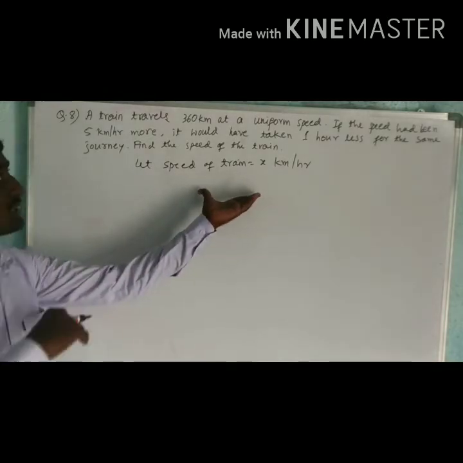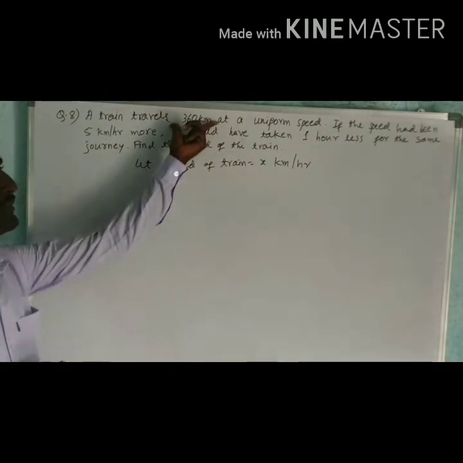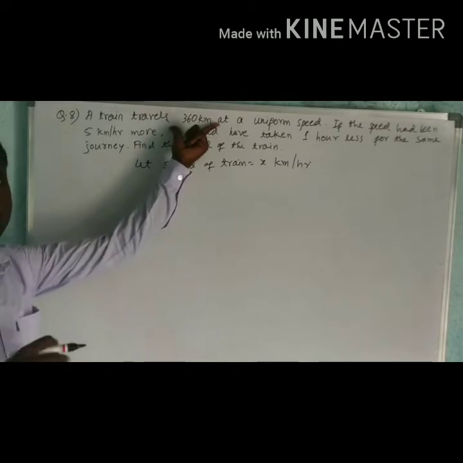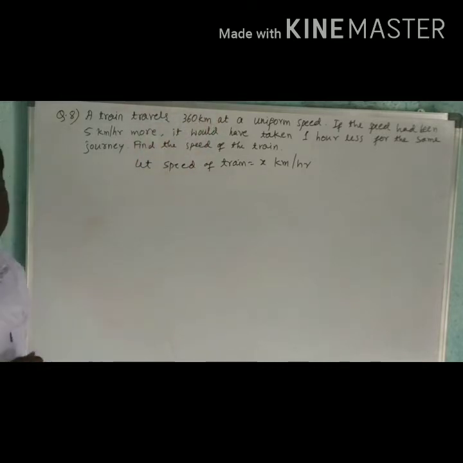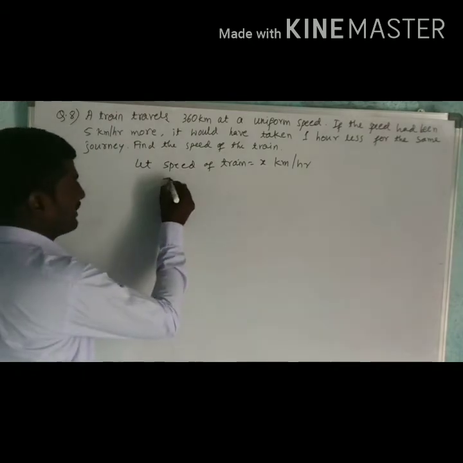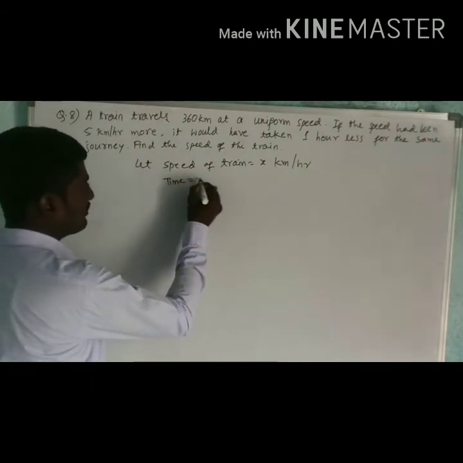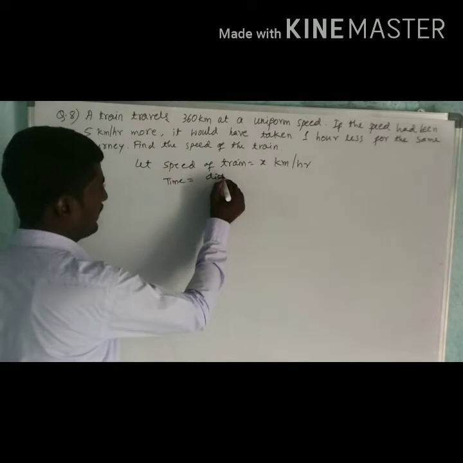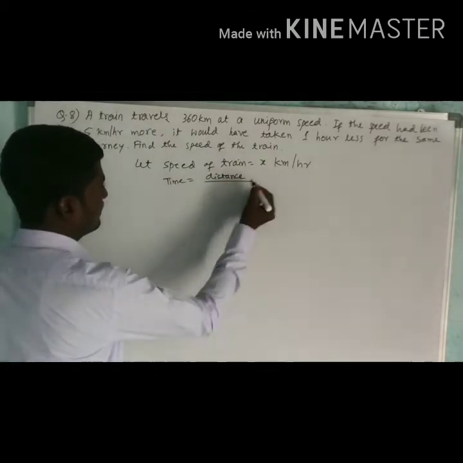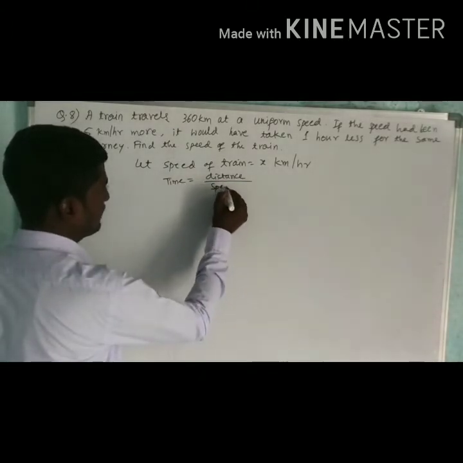Now, initially it was moving with the uniform speed, and it has to cover 360 km distance. How much time has it taken? You know the formula: time is equal to distance divided by speed.